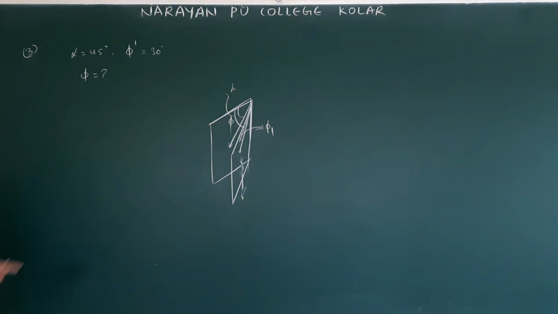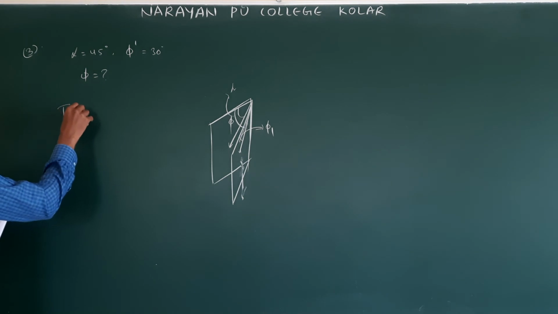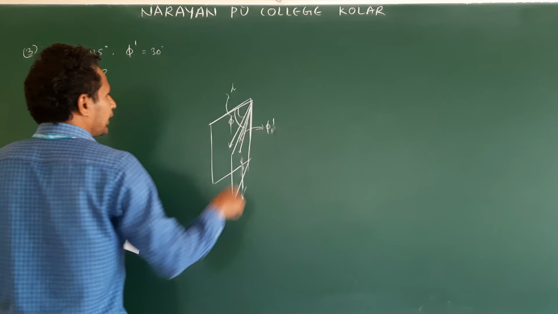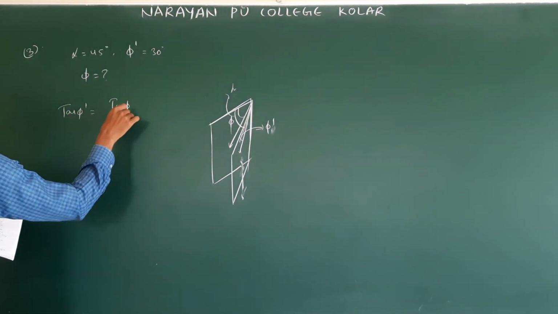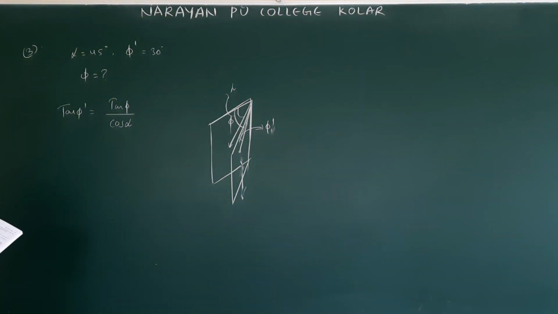That is the relation. This relation we have seen. What is that relation? Tan phi dash is equal to tan phi by cos alpha.